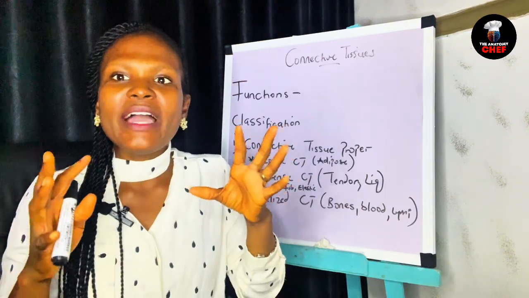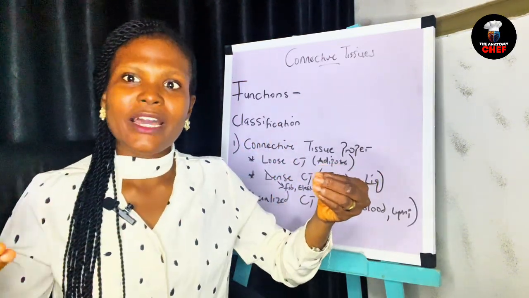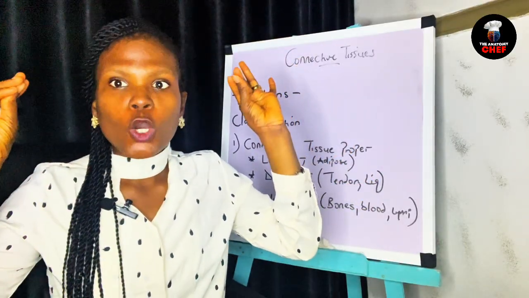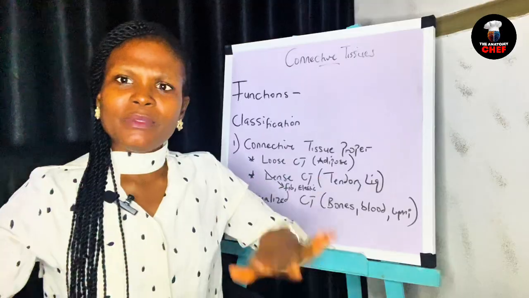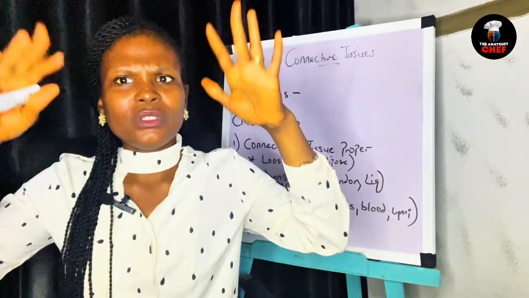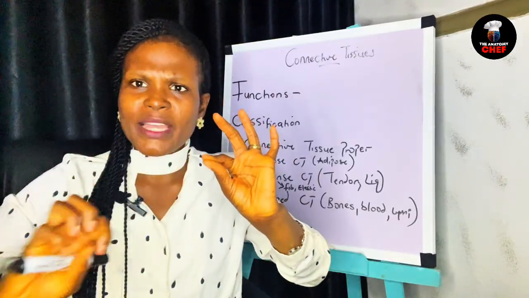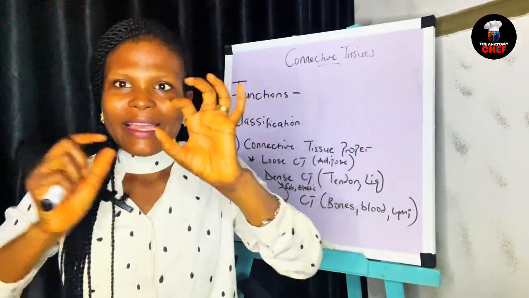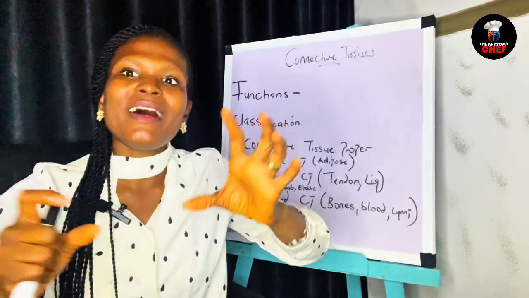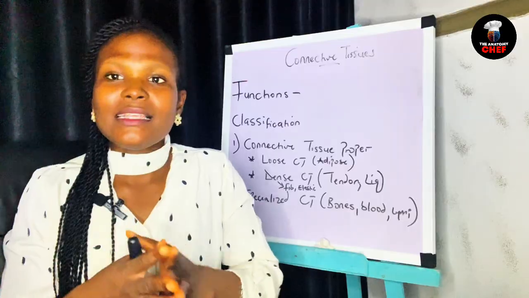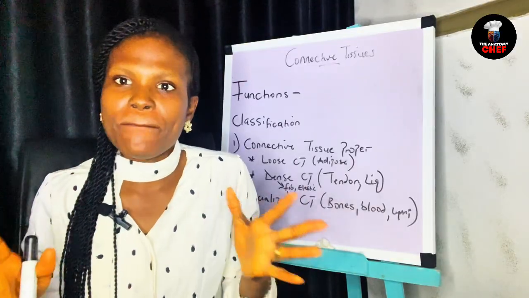Have you ever seen a bathing sponge before? Have you tried to dip that bathing sponge in water and then brought it out? Do you notice that it does not retain water because the meshes are loosely packed together? It's basket-like, it's not dense. That's how a loose connective tissue meshwork is.